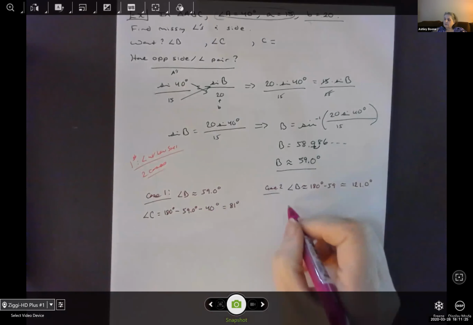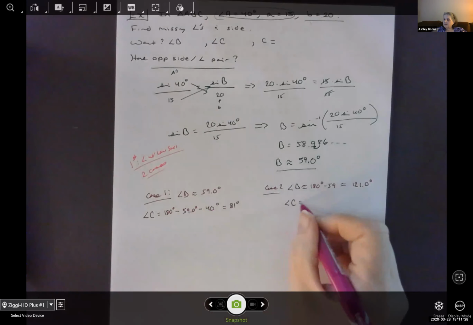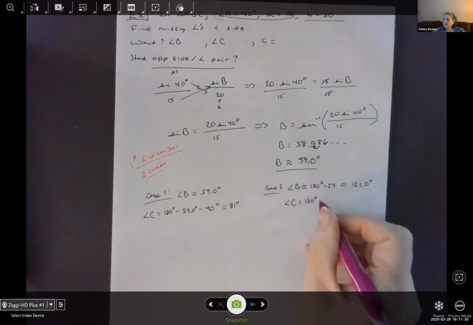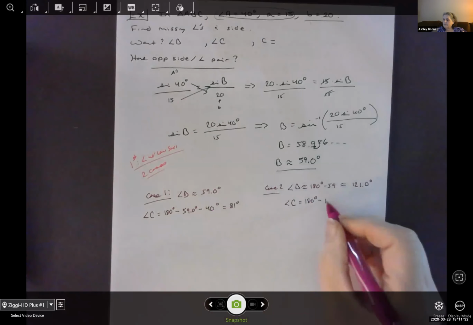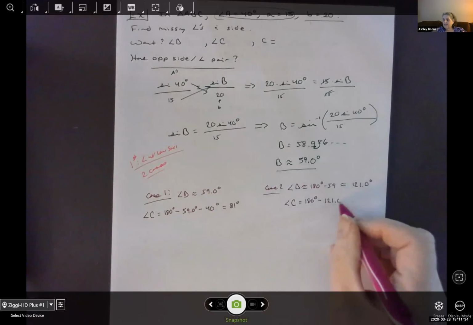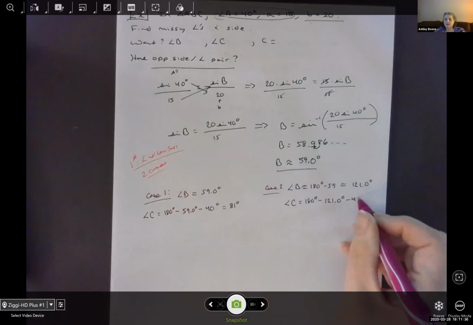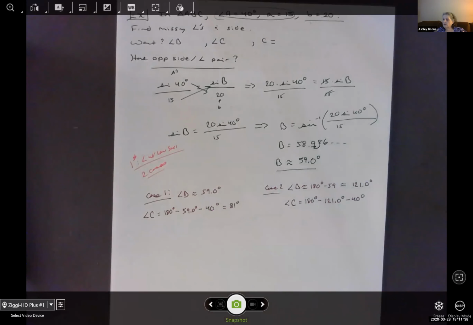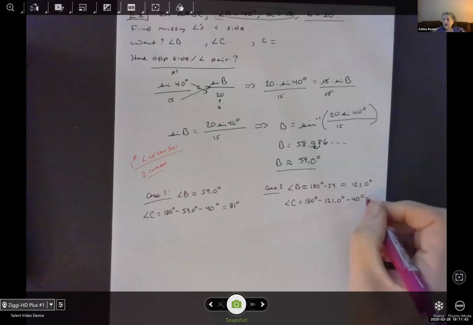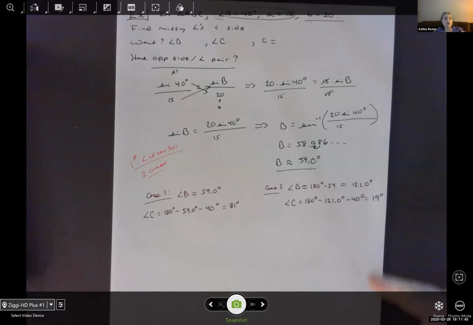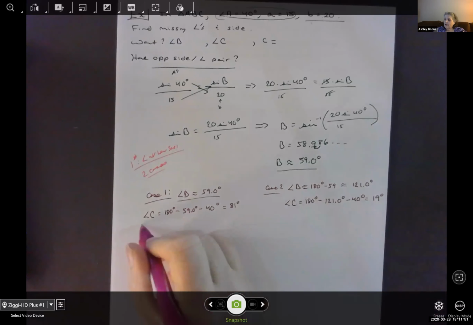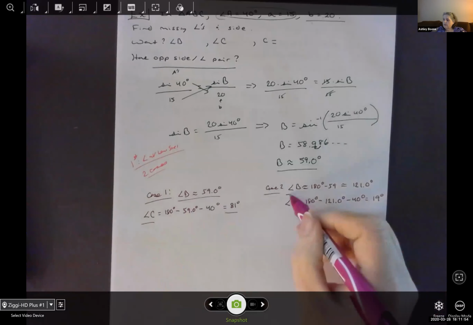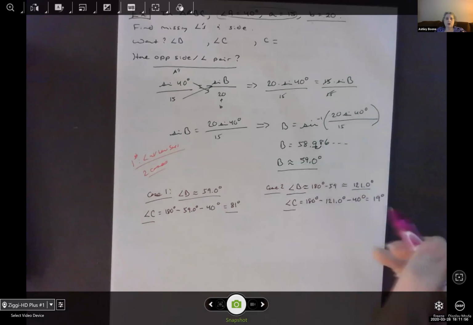Case 2, angle C would be 180 degrees minus angle B minus angle A that we were given. So we have 180 minus 121 minus 40. That's 19 degrees. That's okay. Both of these cases work. Both of these cases give us all positive angles. So we have something for angle B, something for angle C in both cases, okay?